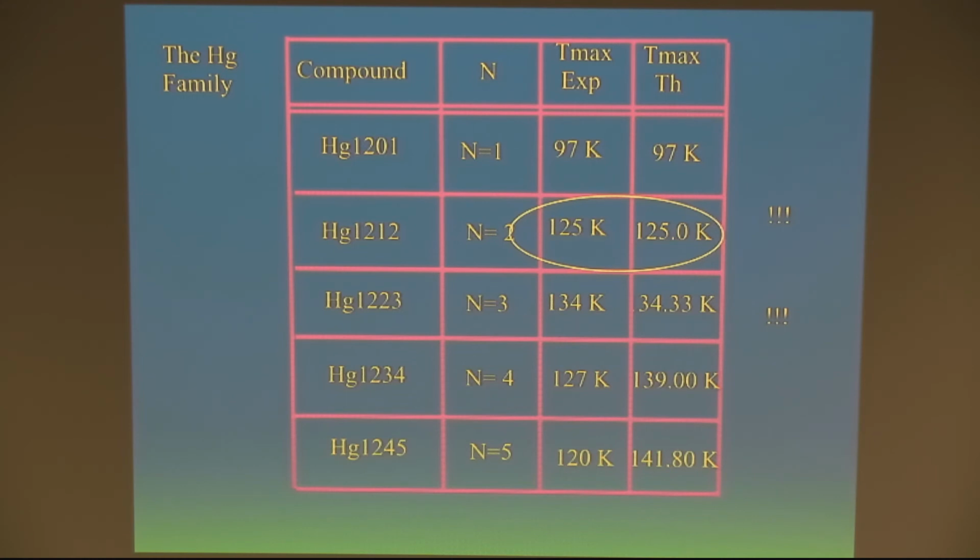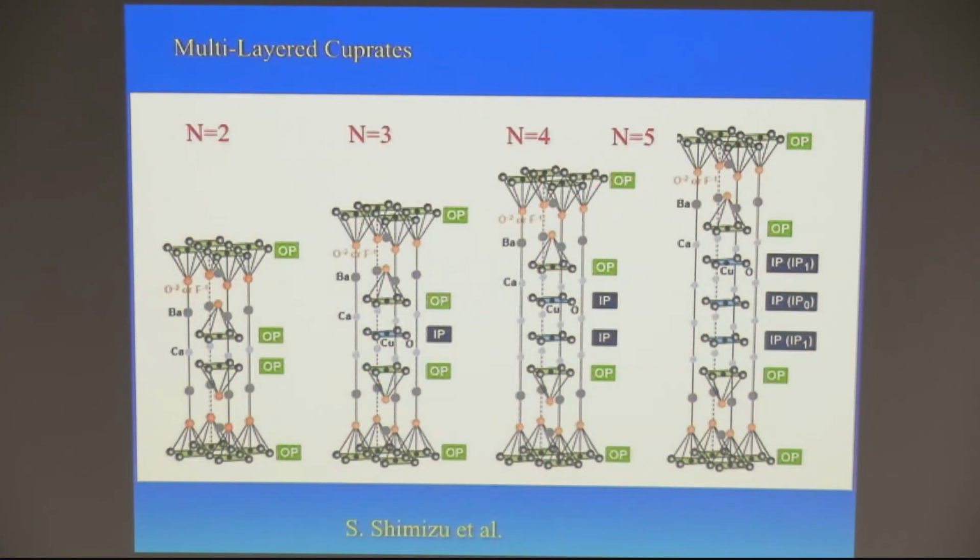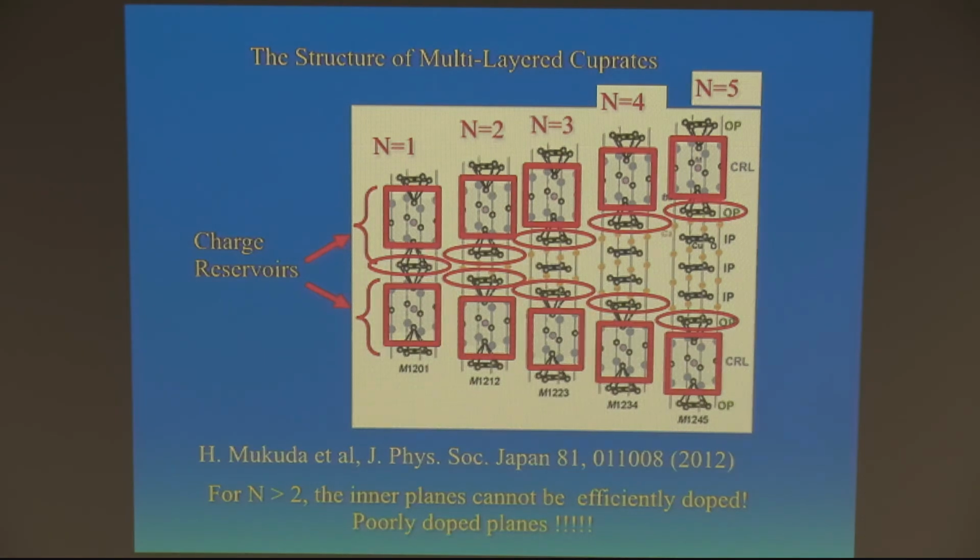Our formula hits the experimental value. For n equals 3, it is almost. For n equals 4 and 5, it's completely different, and the values are similar to n equals 2. You see that for n equals 4 and 5, there are only 2 layers which are close to the charge reservoir.